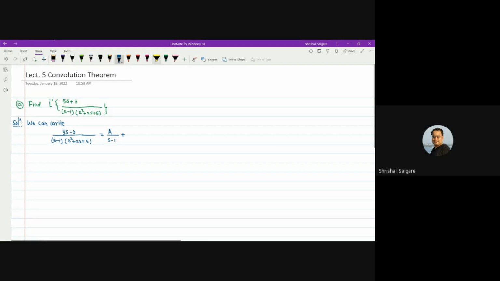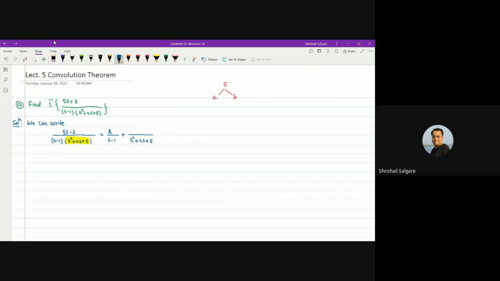One thing you can notice here: for s² + 2s + 5, it is not possible to find linear factors, because we would have to split 5 into two numbers whose product is 5 and whose addition is 2. It is not possible. So for the second term, I will consider that quadratic factor as it is, s² + 2s + 5.